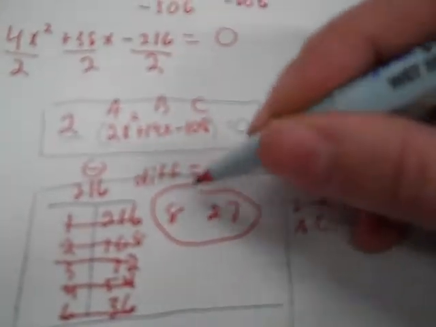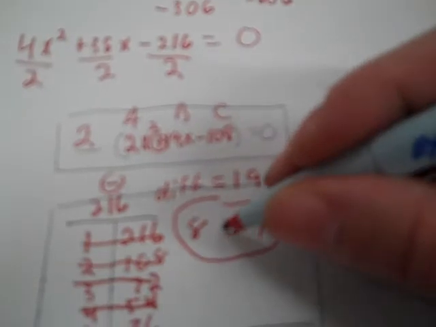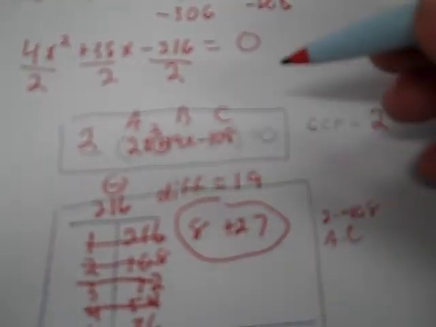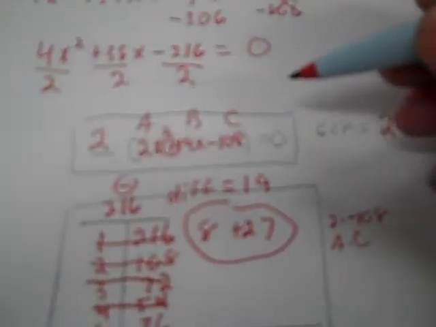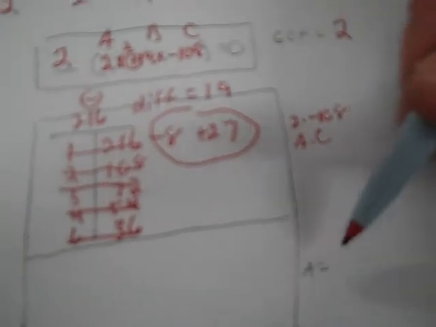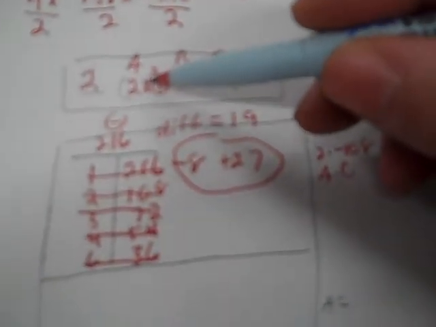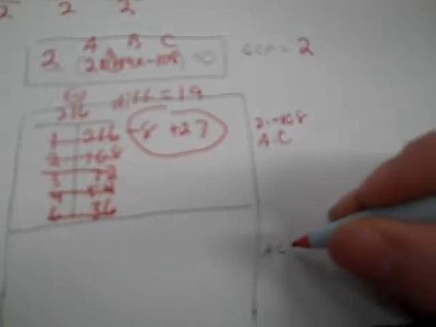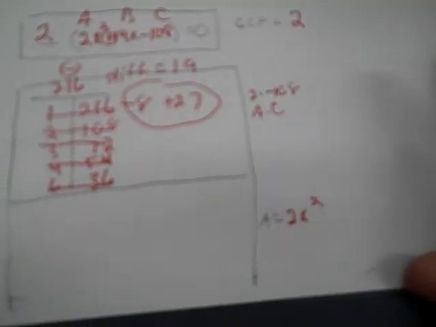Okay, so I got my two values. My 19 right here is a plus, so we need plus 27. And on story problems, you're almost always doing differences, so the signs will not match. Now what does A equal? My x squared has a 2 in front of it, so A is 2x squared, so it's not a 1, so we need to make 4 parentheses.